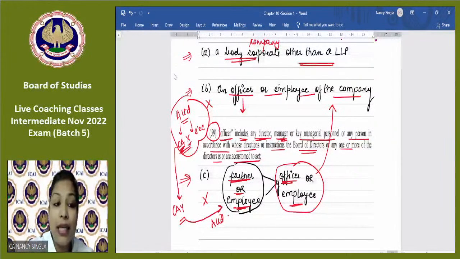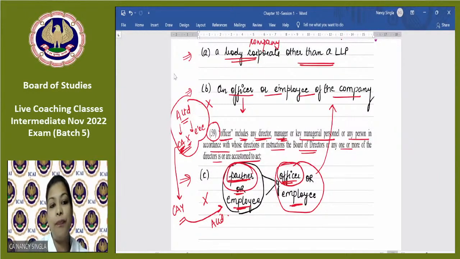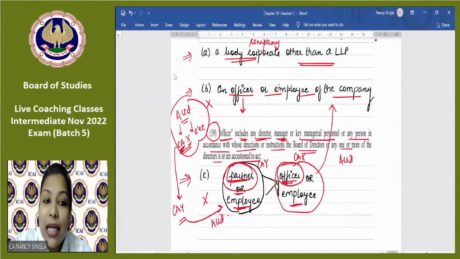Why? Because he is a partner of an officer of the company. Partner is CA Y, officer in our example is CA X, and company is A Limited. So a partner or employee of an officer or employee of the company is also not eligible to be appointed as an auditor of the company. And again, the reason is that there will be a threat to the independence of such auditor.